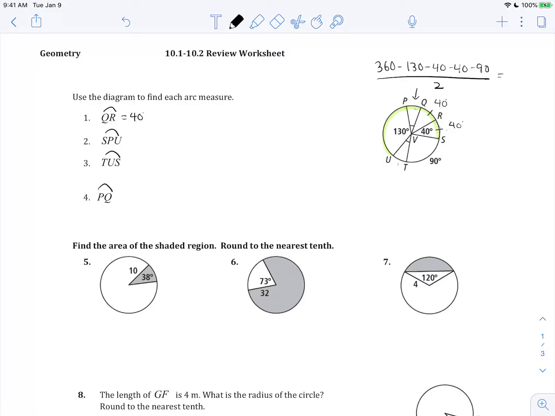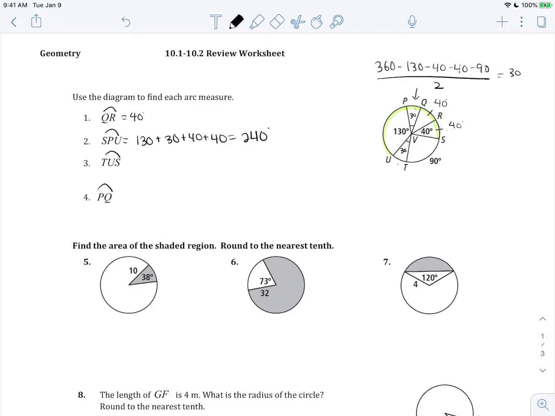And when I do that, I get 30 degrees for these angles. Now that I know those are 30, I can add this up. 130 plus 30 plus 40 plus 40. And if I add all that up, I get 240 degrees.